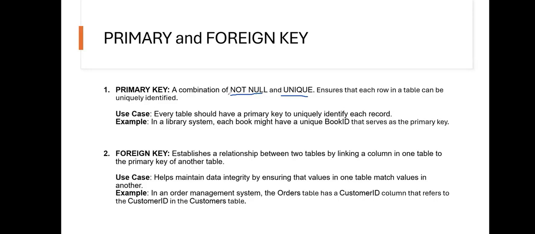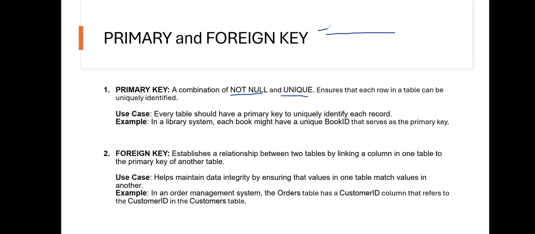In your school data, mostly your admission number is your primary key. In your government record, your Aadhaar card could be your primary key. In your income tax department, your PAN card is your primary key. So primary key is the unique identifier, which is not repeated, and I can use it to identify someone or a particular row, right?